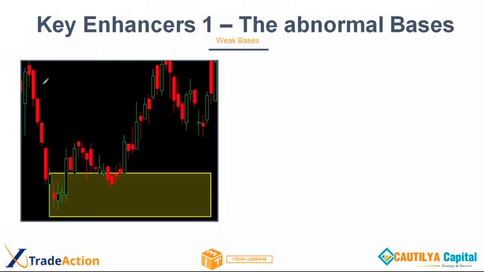Now let's observe this phenomenon. A beautiful entry. Momentum, momentum, momentum, momentum. But a huge base candle formed. What kind of a base candle is this, friends? It's an ERC base, extended range base.